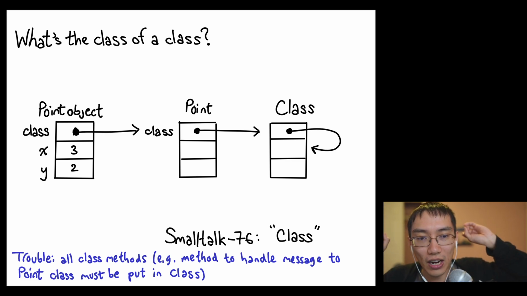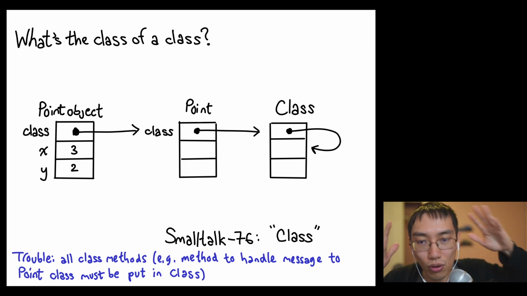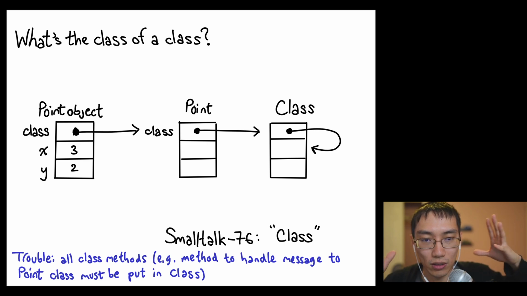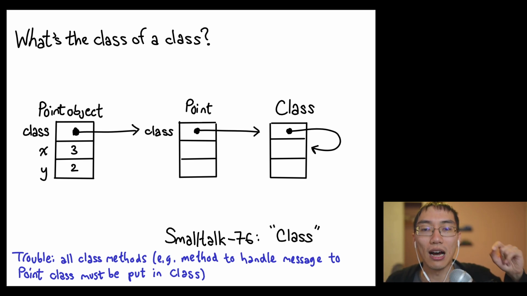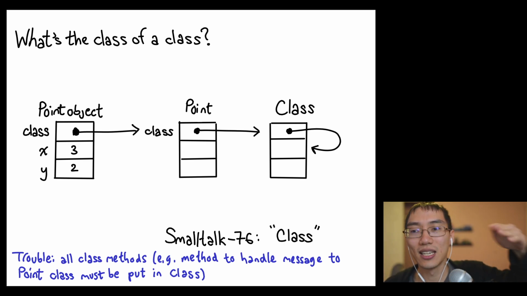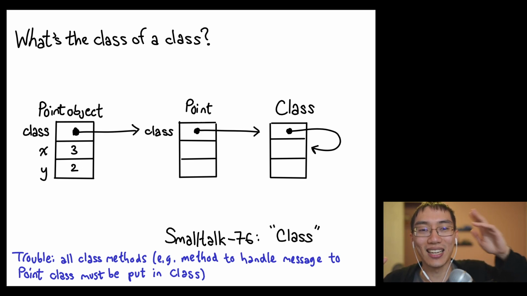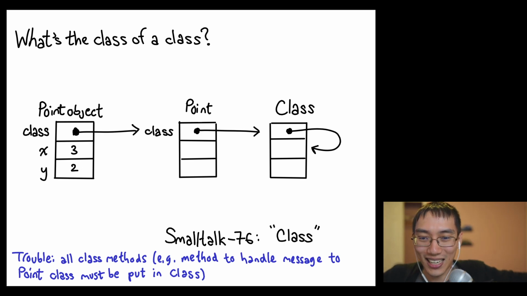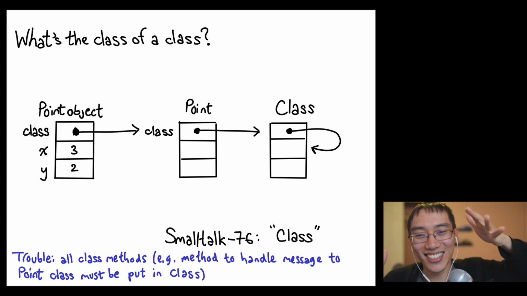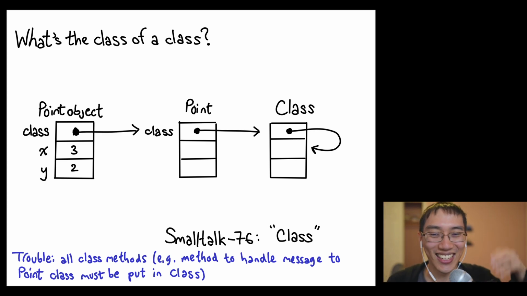So if I wanted to define a method on point, like one of these new XY methods, one of my constructor class methods, I have to put it on class. And so if there's a single class that is the class of all of my classes in my system, all of my methods get shoved onto this class object, and it's kind of a mess and terrible. So they didn't like that.